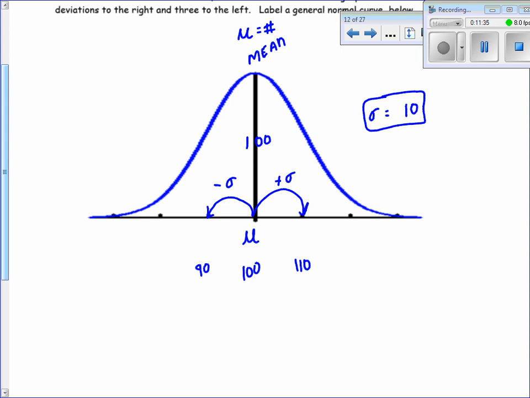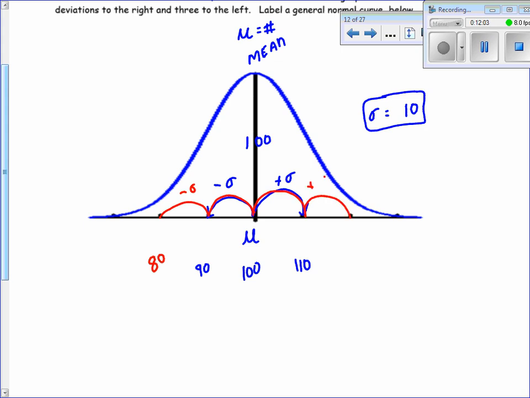So keeping that in mind, the next movement, I've moved 2 standard deviations to the left. So that means I subtract another sigma. That's 2 sigmas in all. And I should have 80 as my second standard deviation to the left. But to the right, 1, 2.